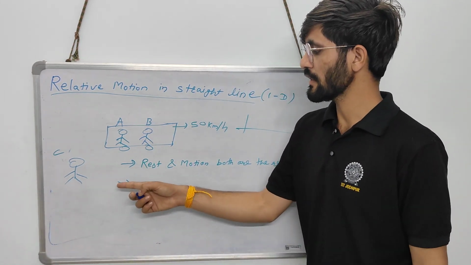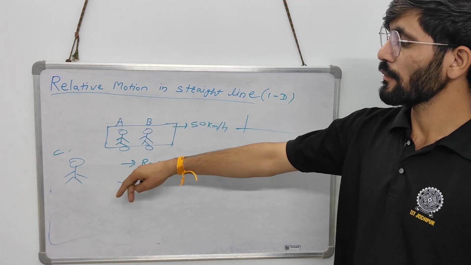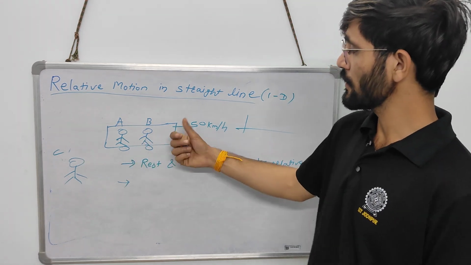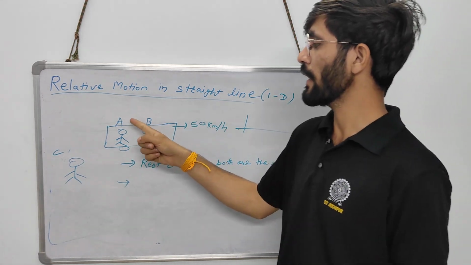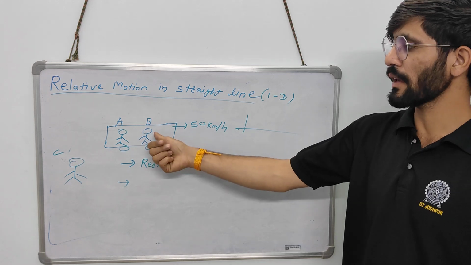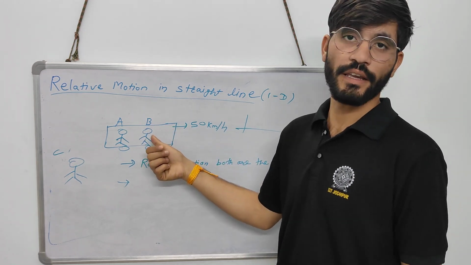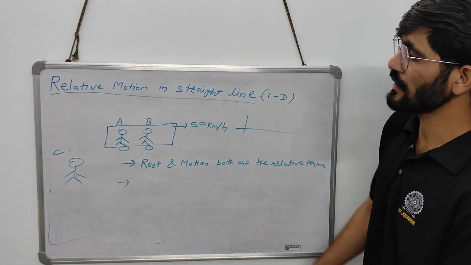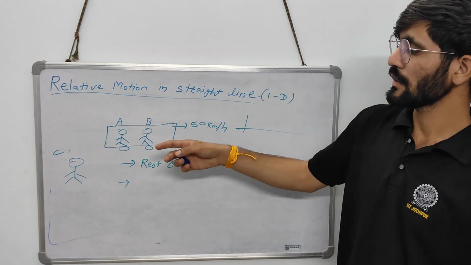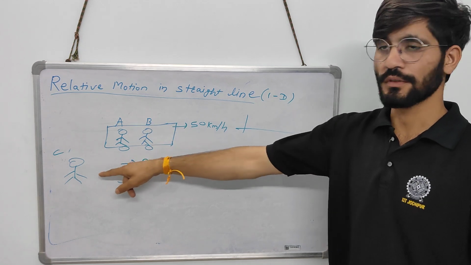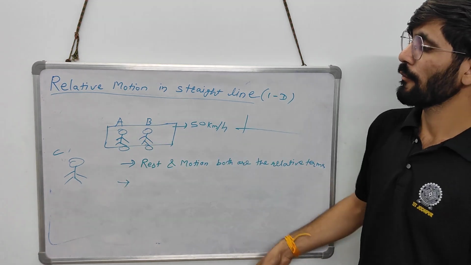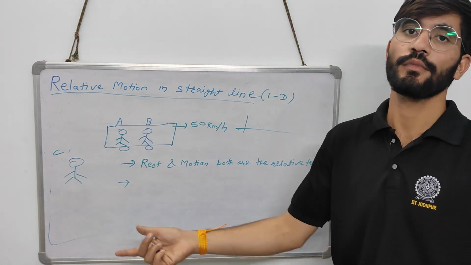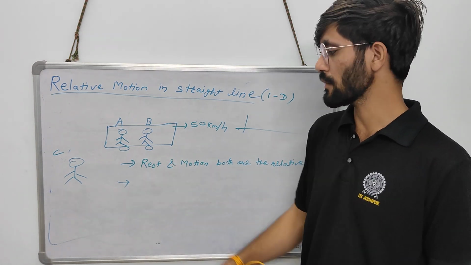We can also see that when C observes B, B is moving with some velocity, but when A observes B, there is no motion in B. So here we can say that this is a property of the observer and the object, meaning where the object is, or by whom it is being observed.